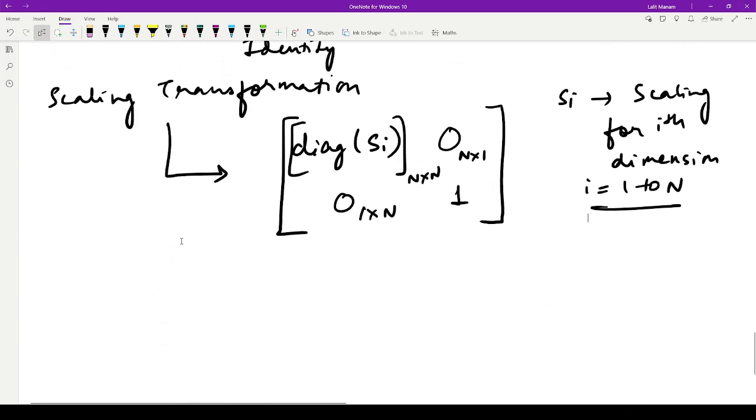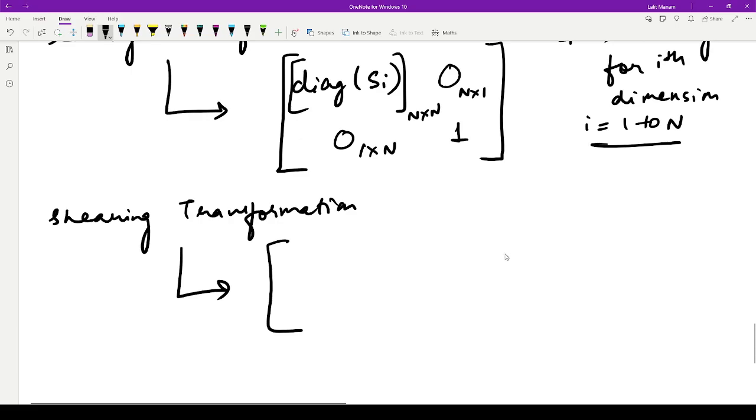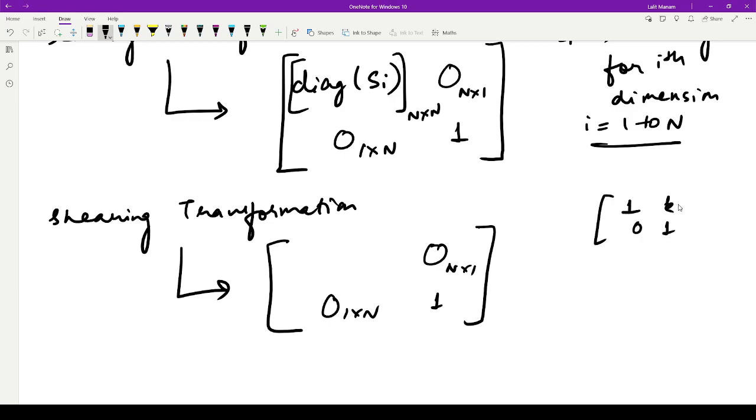Shearing. How does shearing look like? Shearing in general can be complex, but the two-dimensional equivalent was 1 k, 0 1, right?